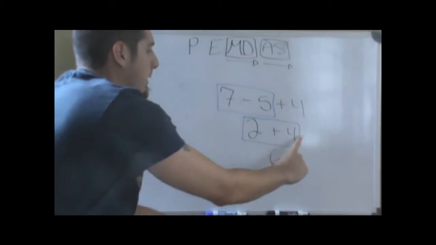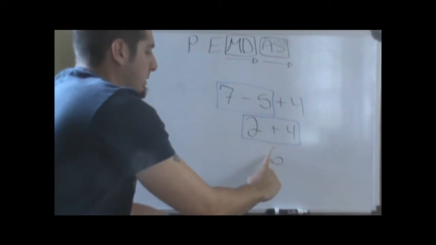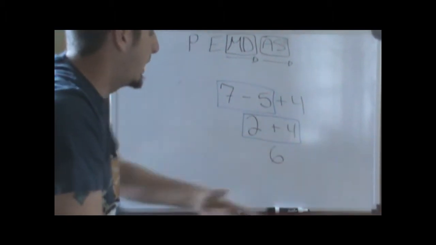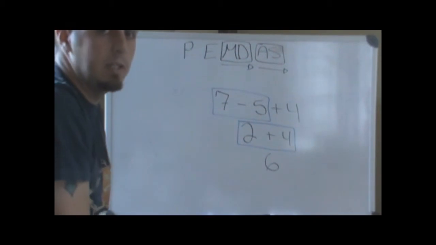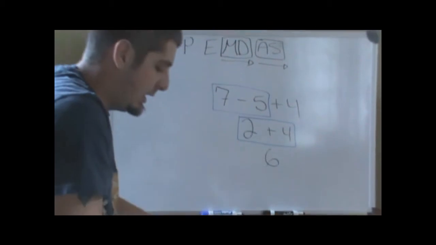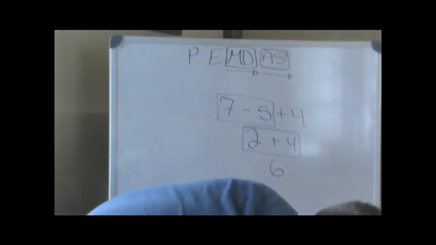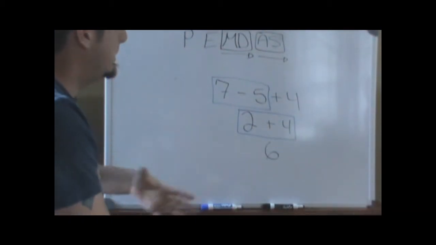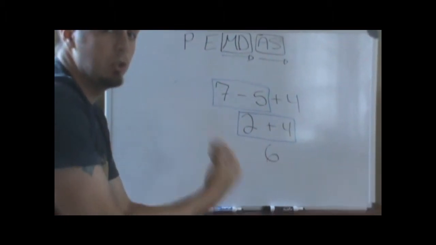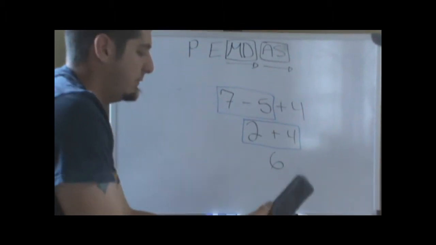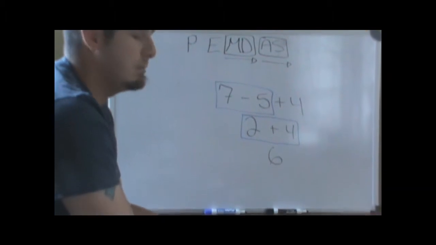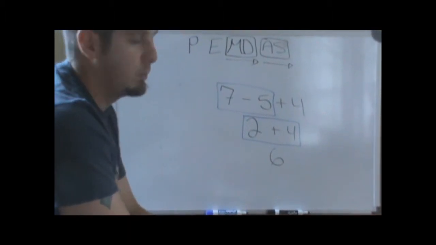Then I boxed off what I was doing again, wrote the answer underneath the box, and if there was anything outside the box, it would have dropped down again in the exact same place where it was. The reason for doing that is because it makes it very quick to check your work, and for someone else, especially a teacher, to look at your work, see if you got the process correct, and if you did your math correct. And if you made a mistake, it makes it really easy for someone to find the mistake.